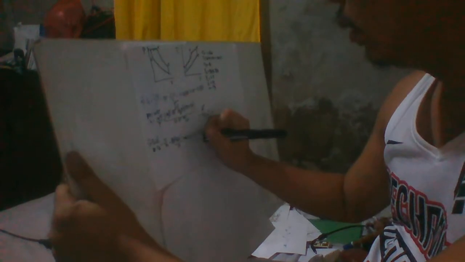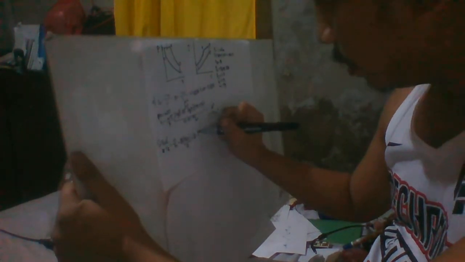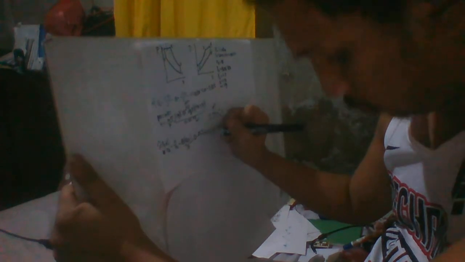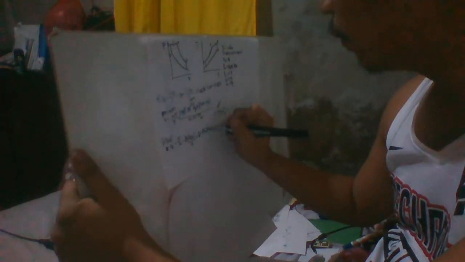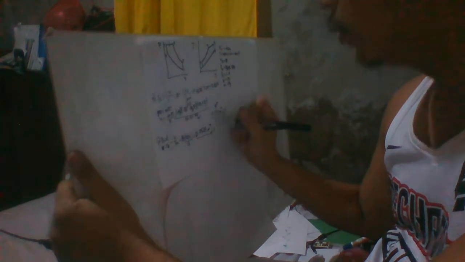So we will have a volume 2 of 0.0524 cubic meter.